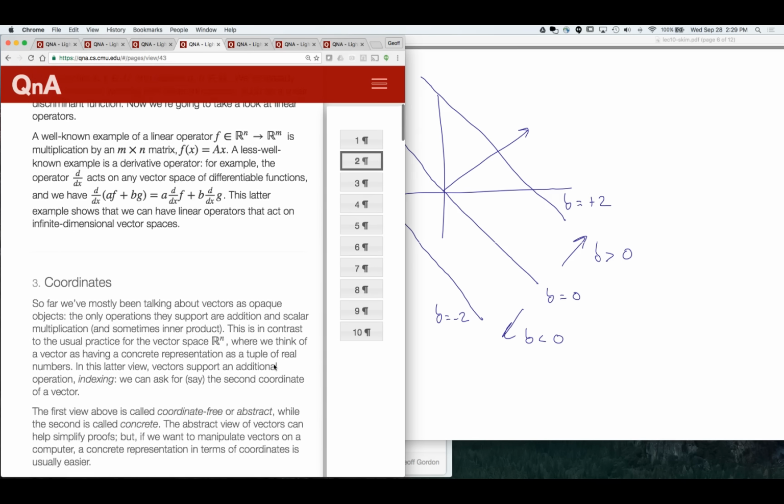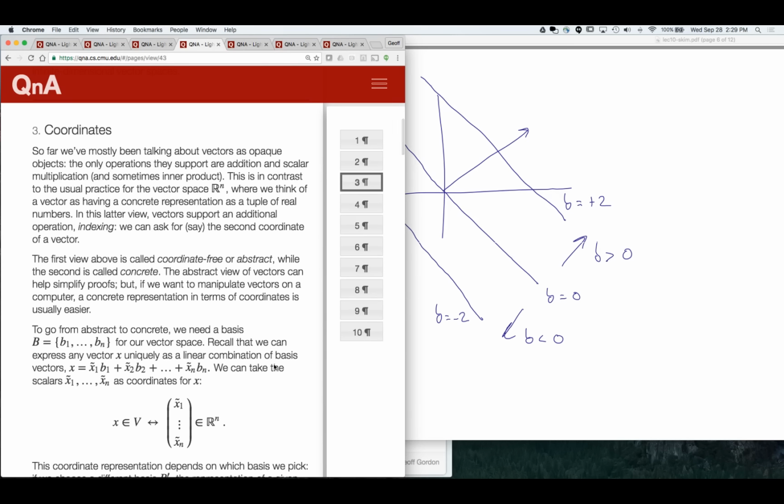Right? And so again, for coordinates, we talked about the difference between a general vector space and Rn, right? And coordinates are a way to provide a mapping between a general vector space and the vector space Rn. And there's a good reason for that.